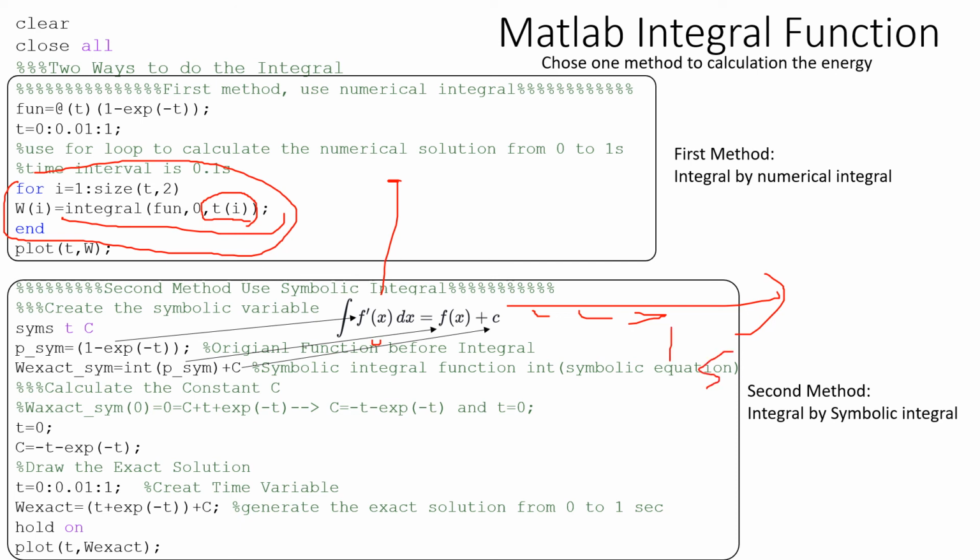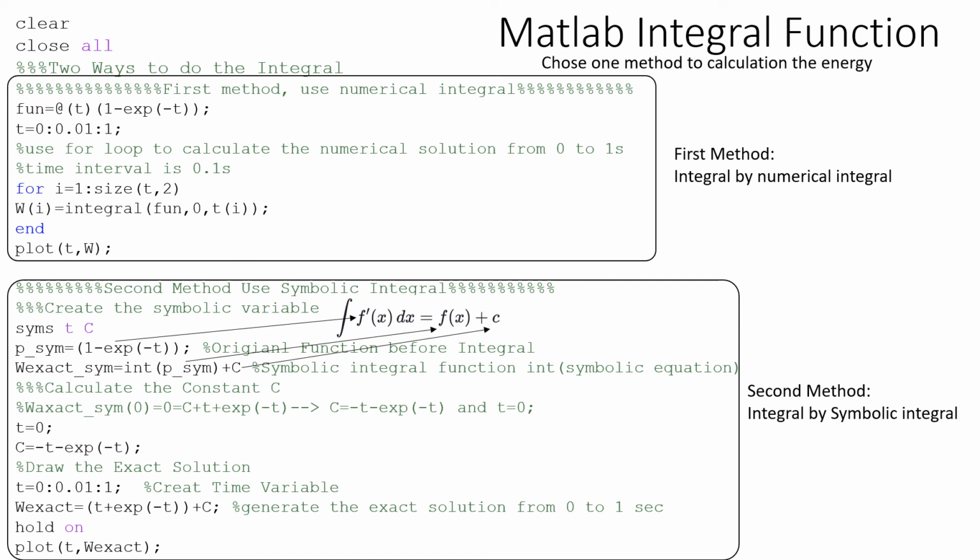For your homework, you need to define what your duration will be, and what your function will be, and then run this code. Basically, you just need to modify these two functions. This part you don't need to do anything.